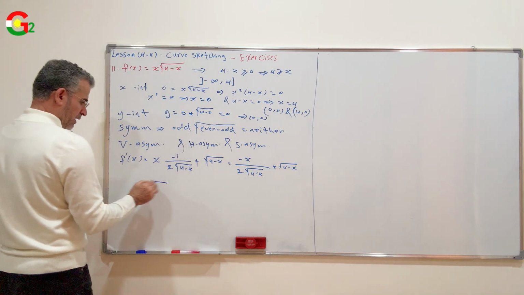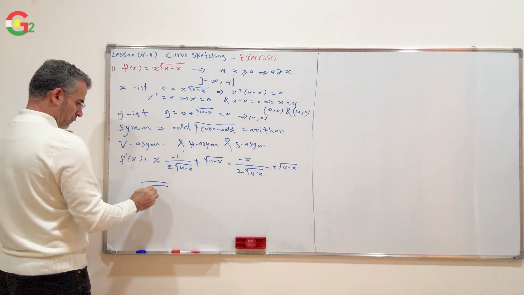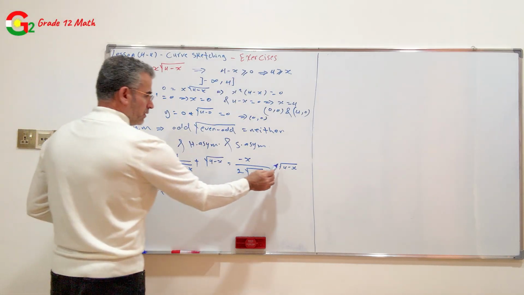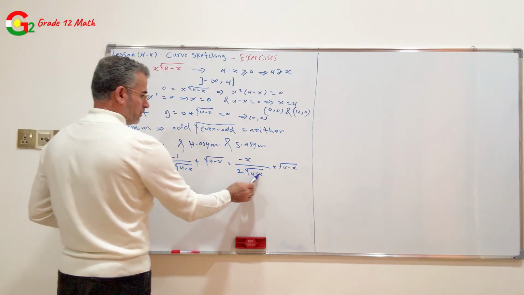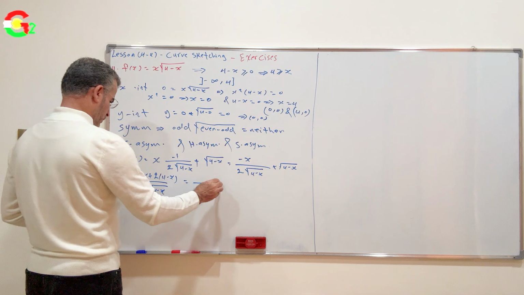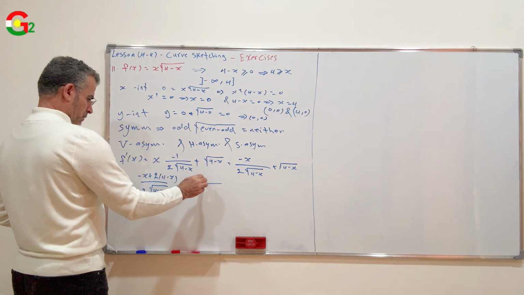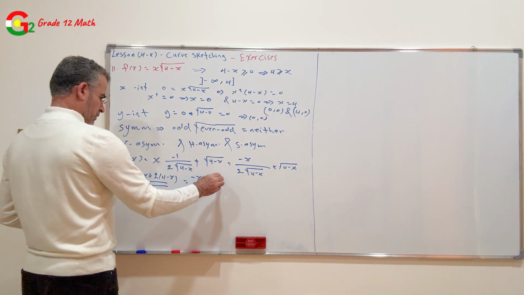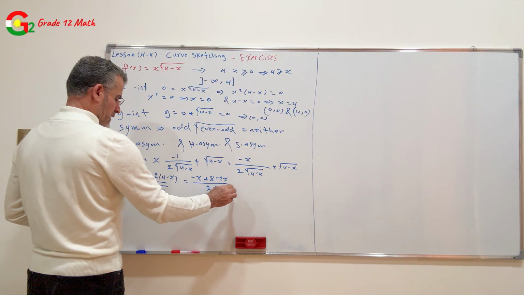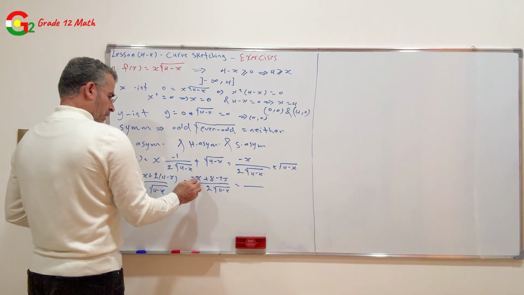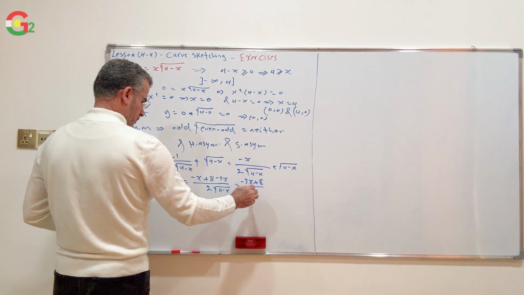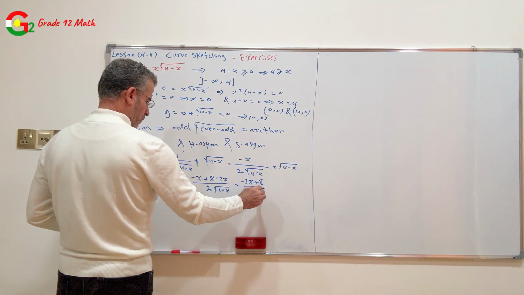x. Common denominator, 2 square root 4 minus x: negative x plus 2 times square root 4 minus x times square root 4 minus x, which is 4 minus x, equals negative x plus 8 minus 2x over 2 square root 4 minus x, equals negative 3x plus 8 over 2 square root 4 minus x.